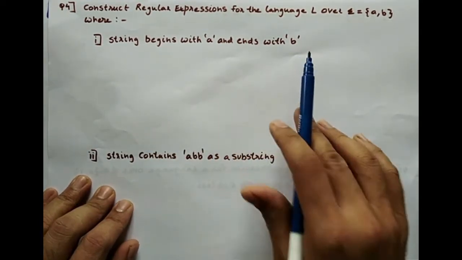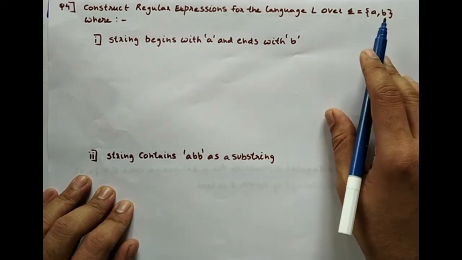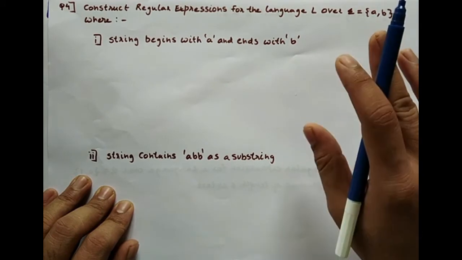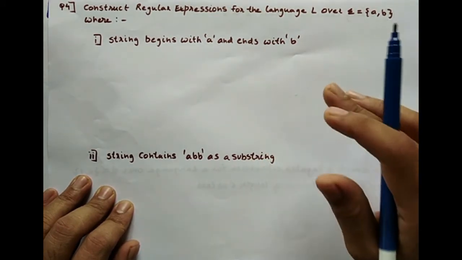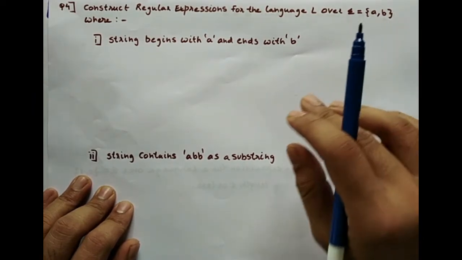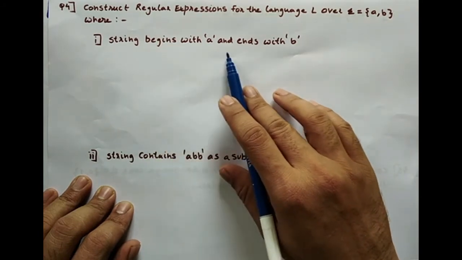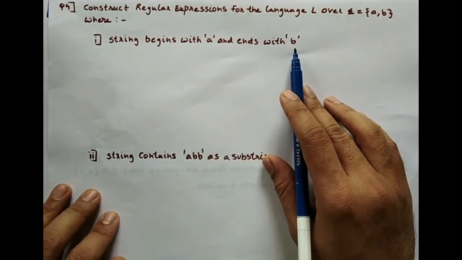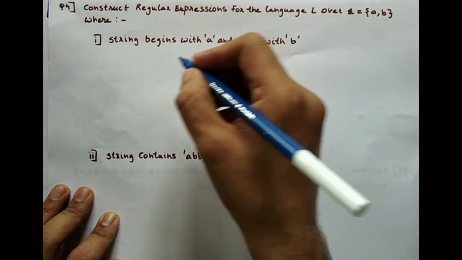Okay, so two things are known to us. One, the language contains strings of a's and b's, length is not specified. That means it can range from anything. Then the restriction says that the string begins with a and ends with b. So what is the minimum possible string?